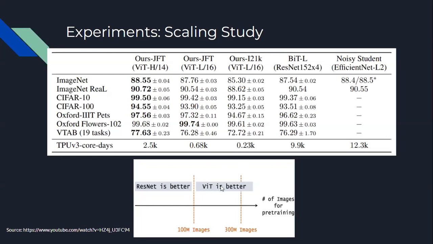Finally, based on the experiments, we have observed the Vision Transformer performs well when you increase the data set size. The maximum they have used is the 300 million data set, but if we want better results, you have to use more than 300 million images. That is where we can see better performance with the Vision Transformer. That is the observation. Yeah, that's all.